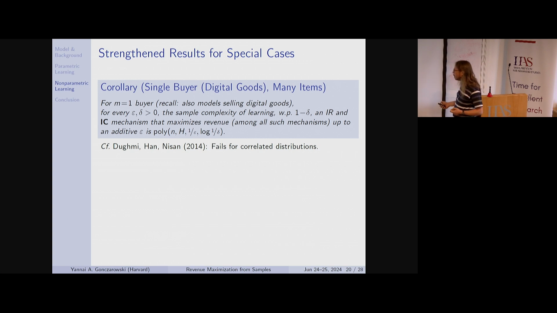This should be compared with a paper by Noam and co-authors, Shaddin Dughmi and Li Han, that says that if you have any correlations, even in the single buyer case, you cannot get any constant fraction even of the optimal revenue, let alone up to an epsilon. This is a stark reminder of what Serge talked about, which is that correlations kill many things.